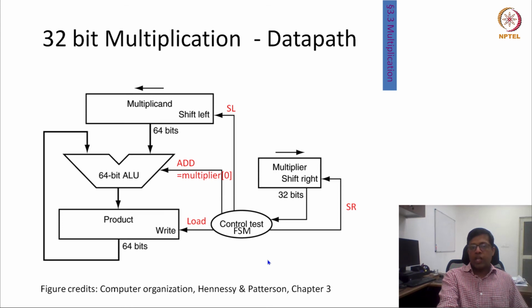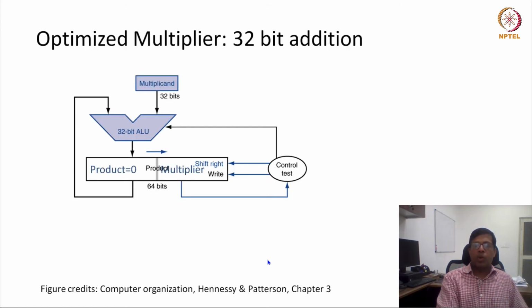If we try to see the optimized operation, what can be done is that we can take a 64-bit product register, or the output register. In the 64 bits, we keep our multiplier in the lower half, and the upper half we initialize to 0. So that's our product. The multiplicand is always 32 bits.